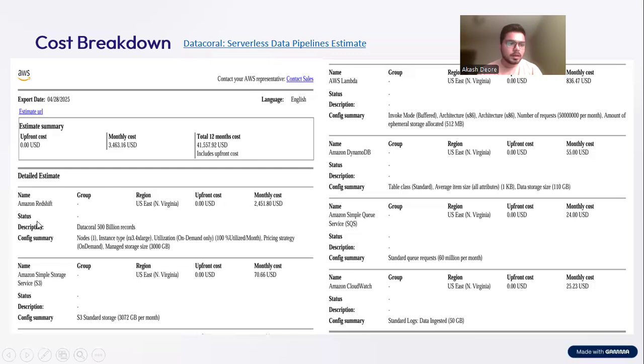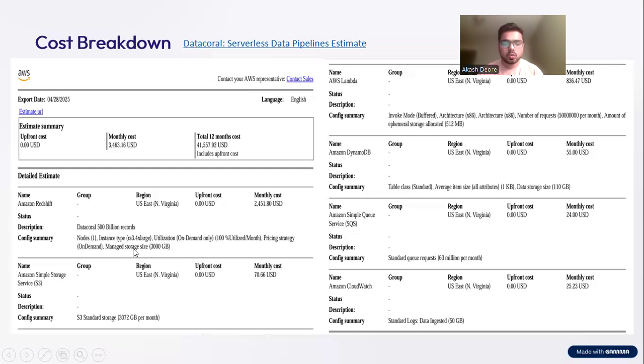So here we can see the Amazon Redshift service requires one node. Instance type I have taken as RA3 large. Then utilization I have kept on demand only with 100% utilization per month, and pricing strategy I have kept as on demand.